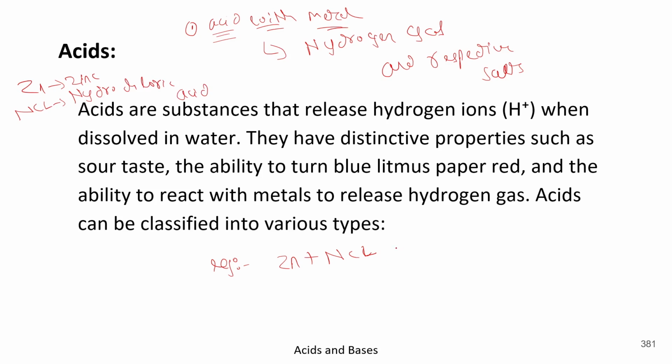Then it will give zinc chloride, which is a salt, and hydrogen. So whenever acid reacts with metal, it always gives hydrogen gas and respective salt, like zinc reacting with HCl provides zinc chloride and hydrogen gas.